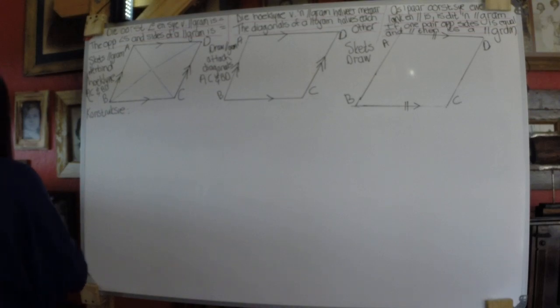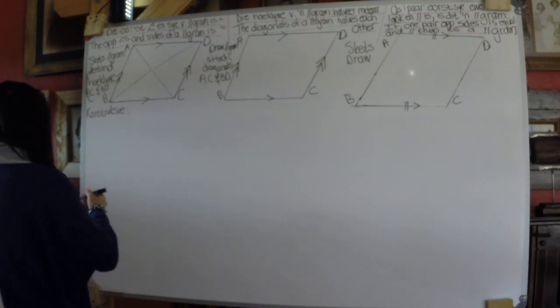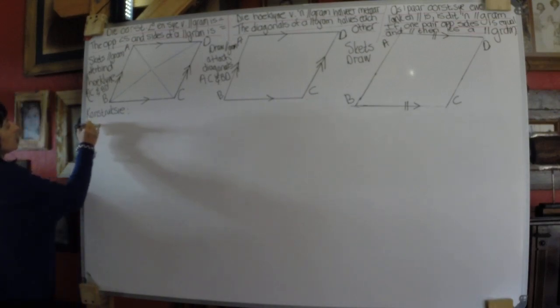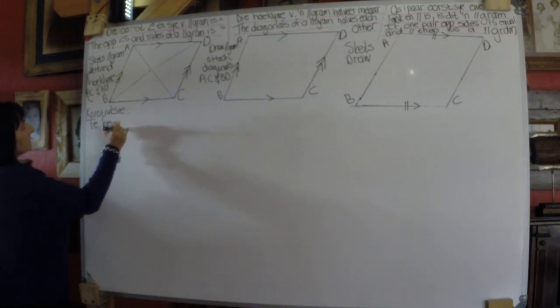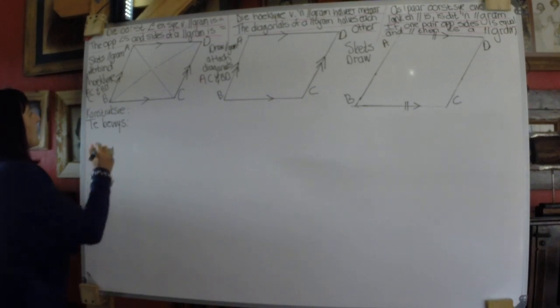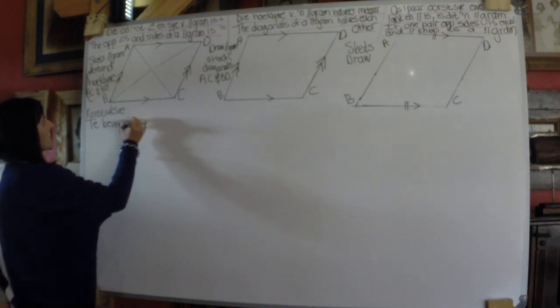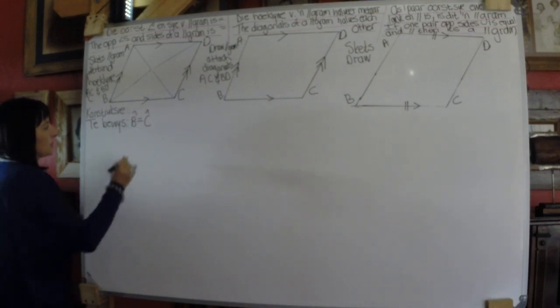En dan gaan jy skryf, wat moet jy bewys? Te bewys. And then you're going to prove the opposite angles. B equals C, that's what you must prove.